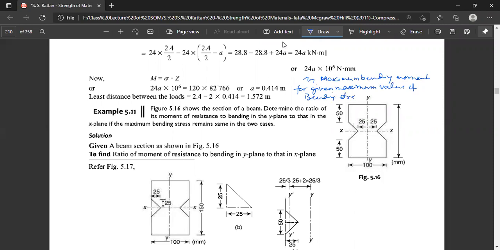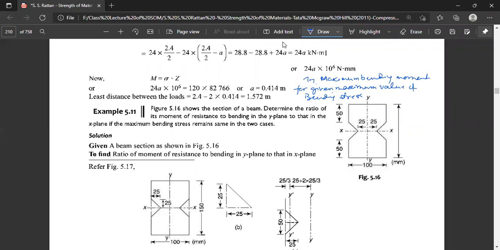So we are saying that this section is supposed to have the maximum bending stress. It is very clear from our definition that it should have the maximum bending moment. Now, let us discuss what we have in this problem, what are the different dimensions of this section of this particular beam.